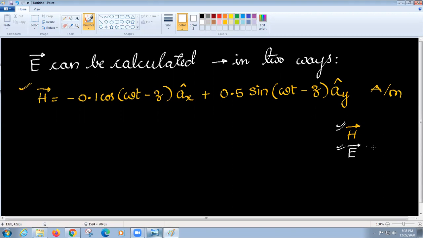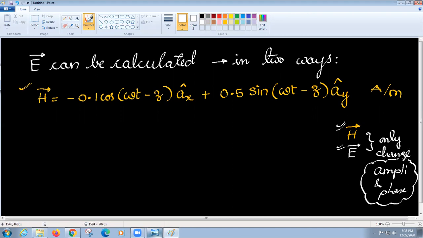The only change between these two components you can experience is in terms of amplitudes and also phase. So these two components may differ. Otherwise, the form remains the same. Whenever I say form, like cosine, sine, that form remains the same.